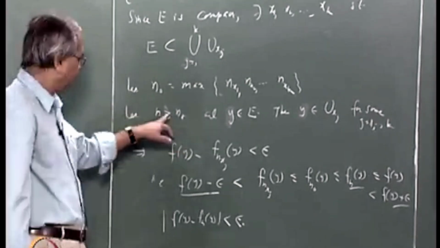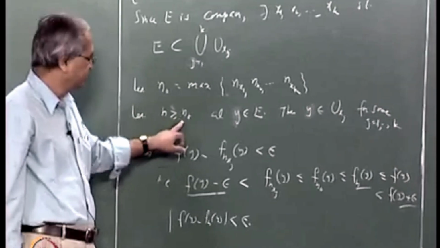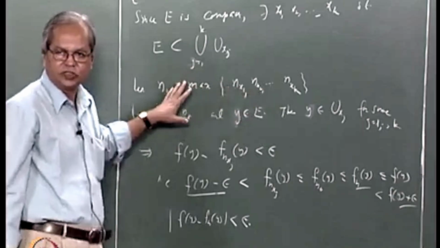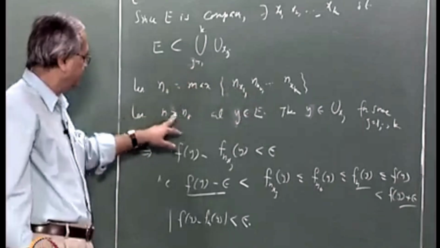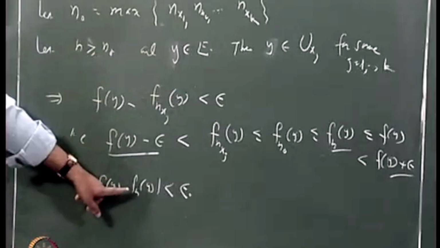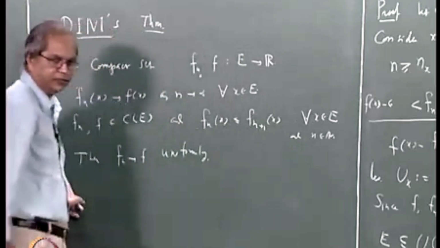And for the same n0; remember we did not change n0. n0 does not depend on y. Once n0 is chosen as the maximum of these, it is fixed. So if you take any n bigger than or equal to n0 and any y in E, this inequality holds. That is what it means to say that f_n converges to f uniformly. This is what we wanted to show.